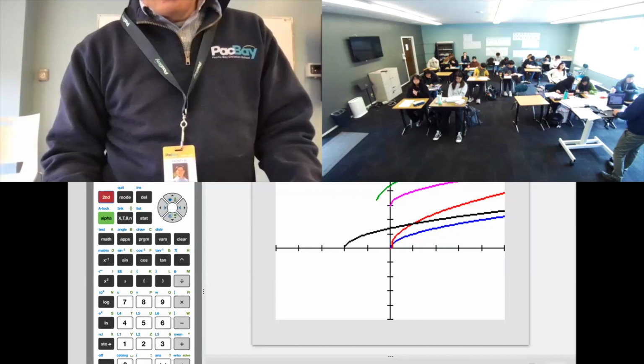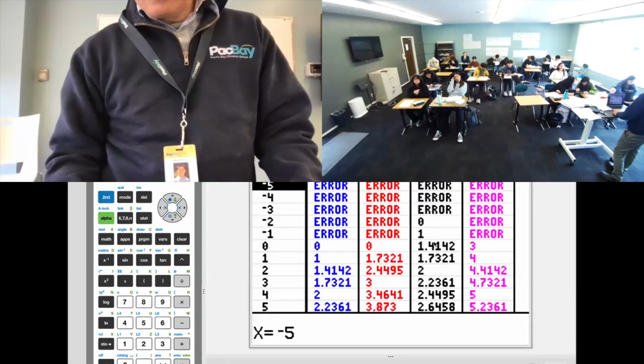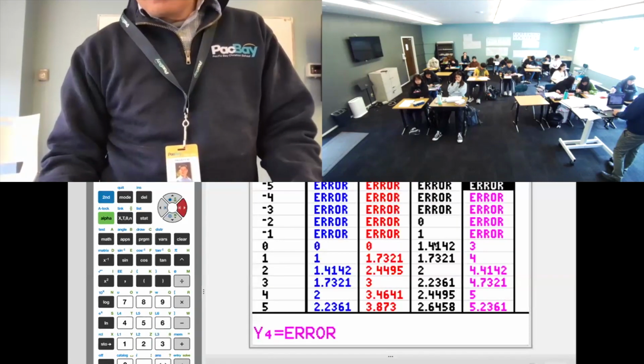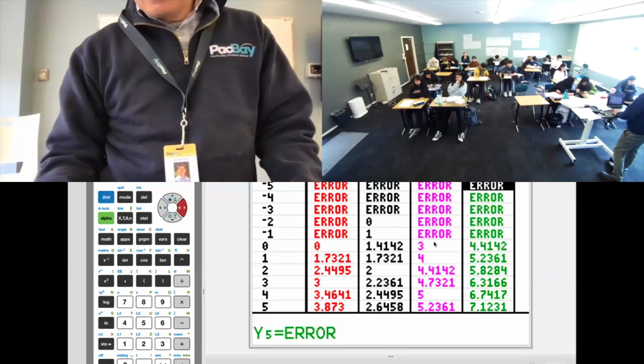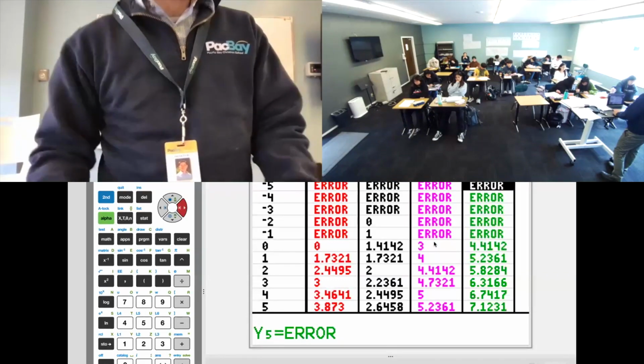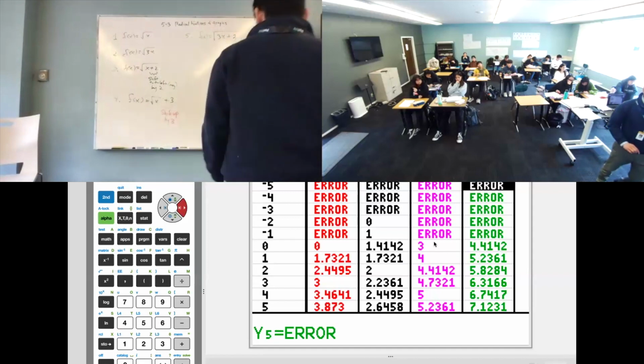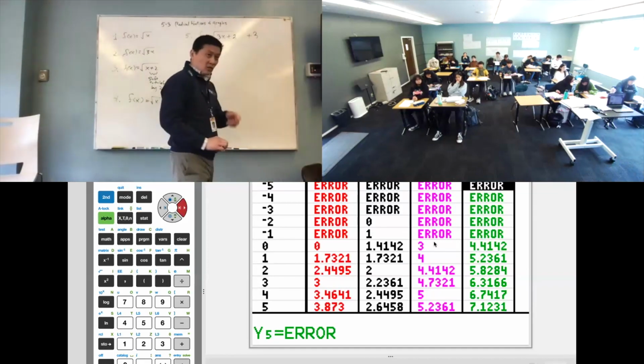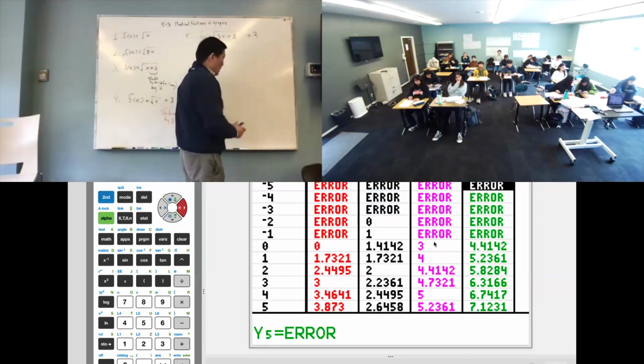Let me look at the table real quick. Actually, no. Let me take that back. You can't shift simply by 2.